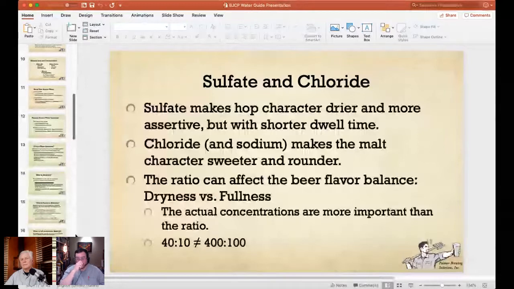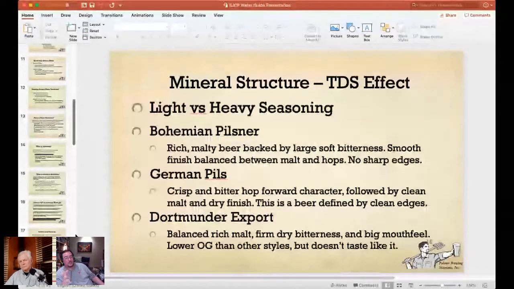Mineral structure, total dissolved solids, light versus heavy seasoning. And let's look at these three beer styles: Bohemian Pilsner, German Pilsner, and Dortmunder Export. Now, I understand that the latest BJCP guidelines, 2015, I'm not sure if they still identify these particular styles.